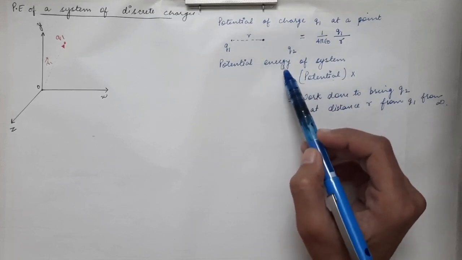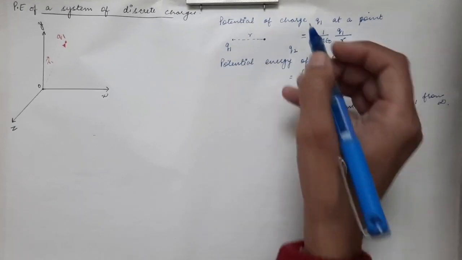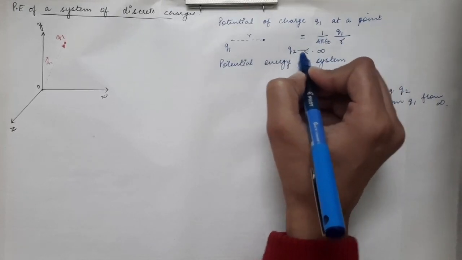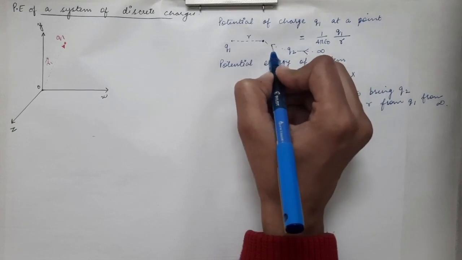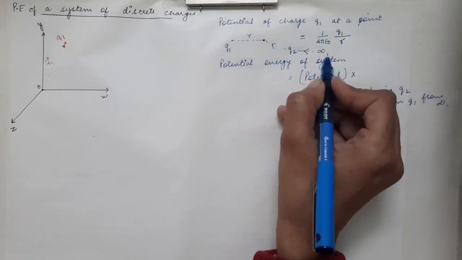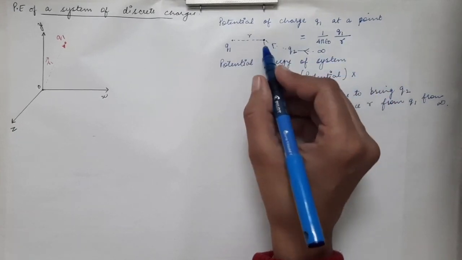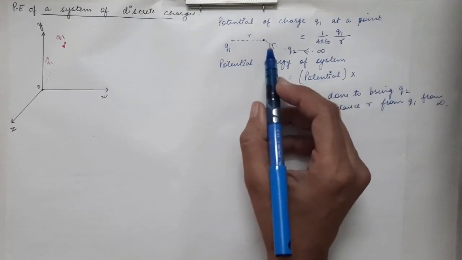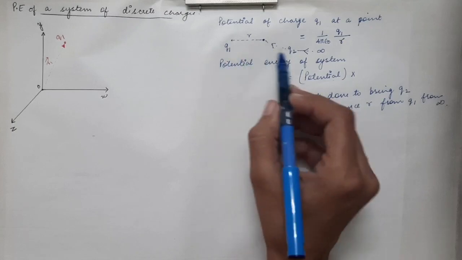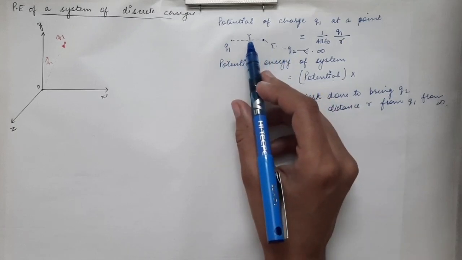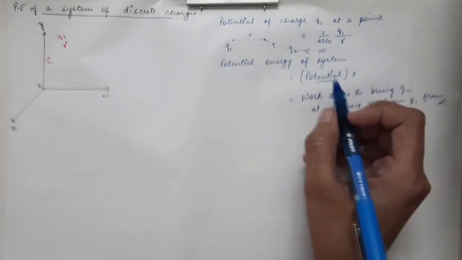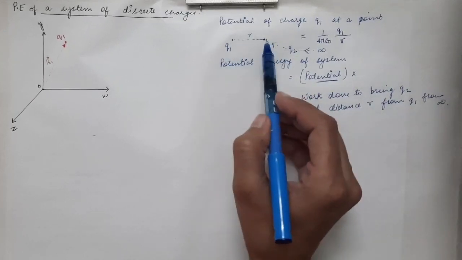So the potential energy of this kind of system in which we bring Q2 amount of charge from infinity to this point, or you can say the work done to assemble Q2 and Q1 charges at a distance of r, will be equal to, first of all, the potential of Q1 at this point.